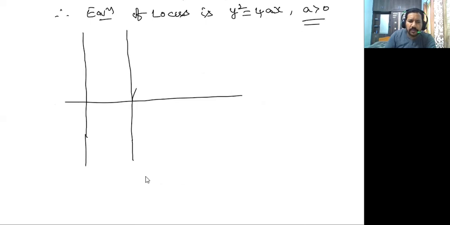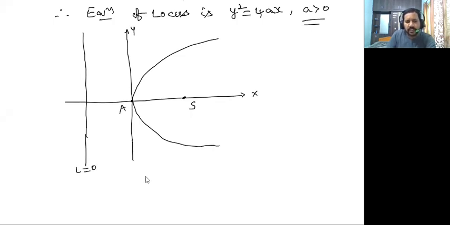This is the parabola. This is the focus. Now observe that this is treated as the x-axis and this is the y-axis. This is the vertex of the parabola A, and it is the origin only. You already know that L equal to 0 is the fixed straight line, that is the directrix. This is Z.